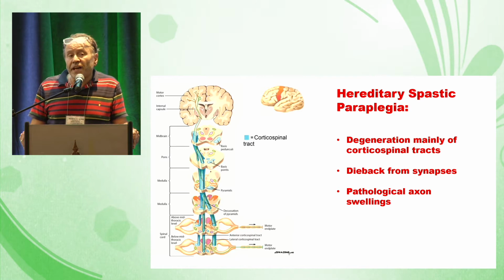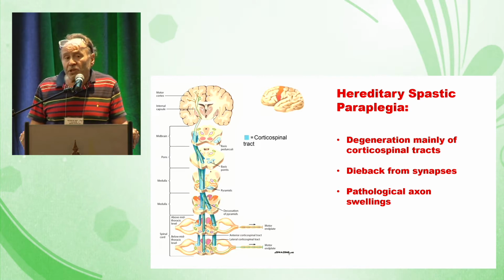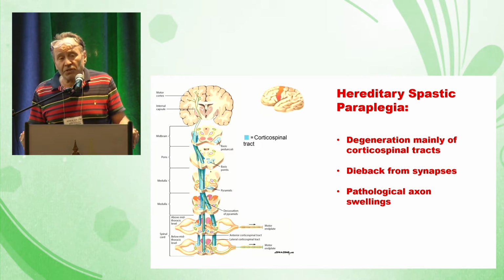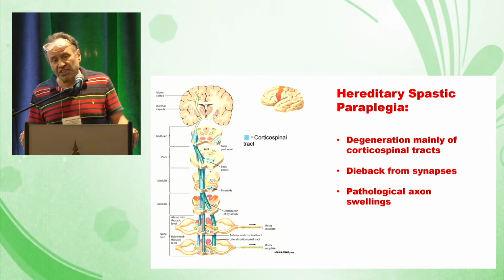It's believed that in hereditary spastic paraplegia, what happens is there's something called a dying back degeneration, where these nerves detach from their synapses, their connections, and then they slowly pull back from the synapses.